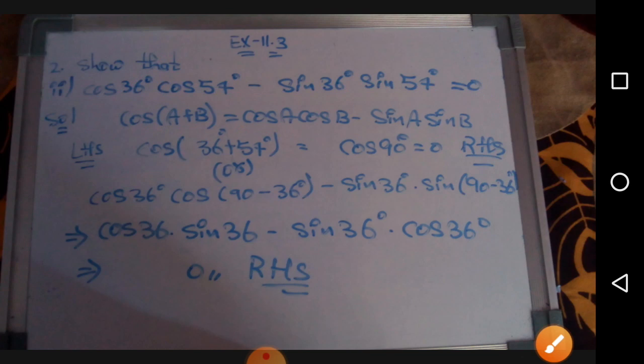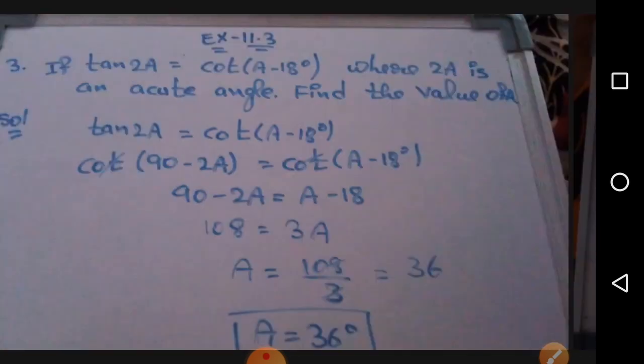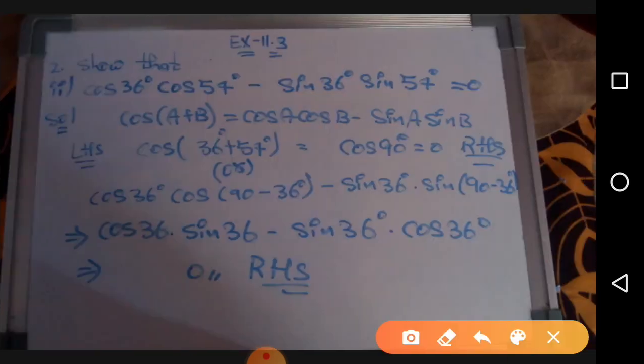Let's try to solve this. LHS is cos of A plus B, that is 36 plus 54, and it equals cos 90 equals 0. Directly you can write this formula for the RHS, but in exam don't make this mistake.